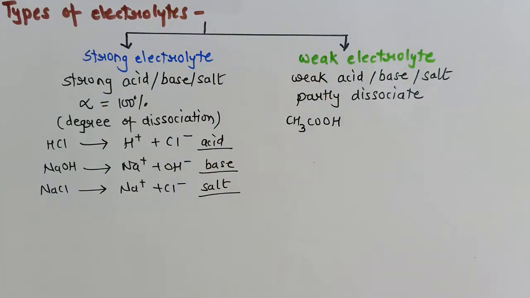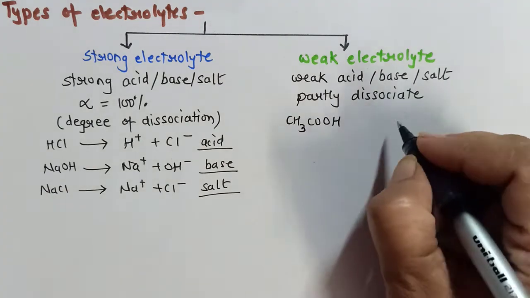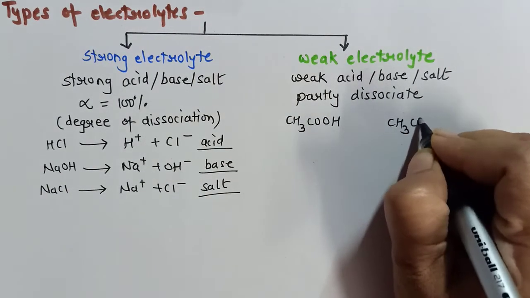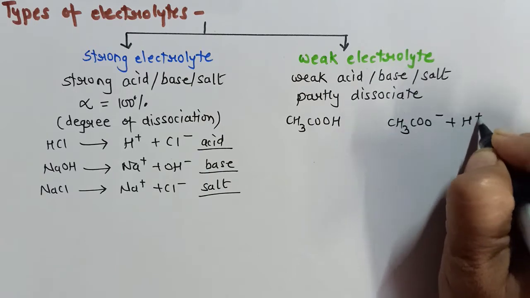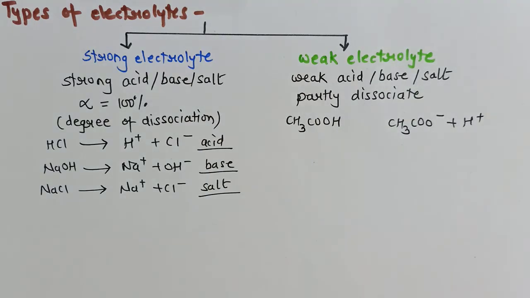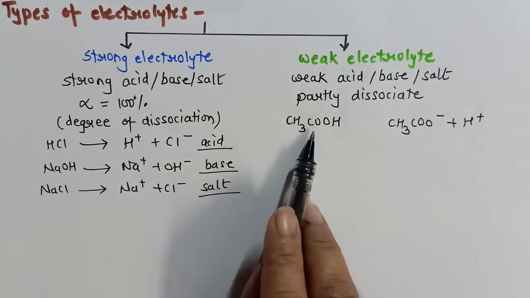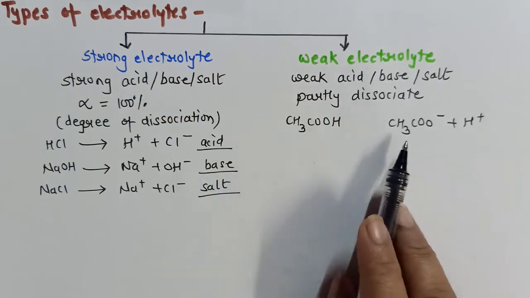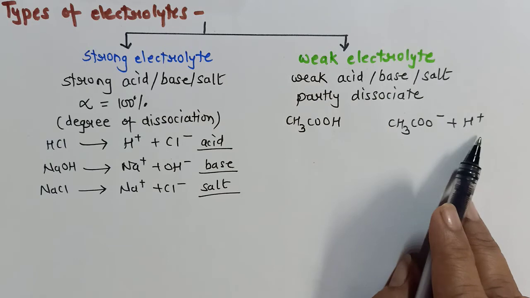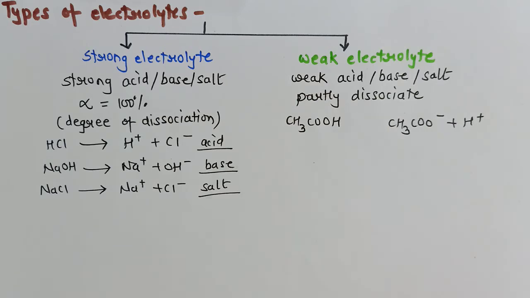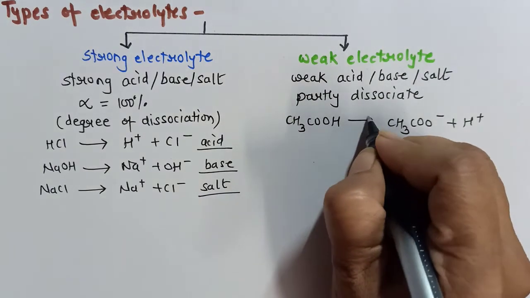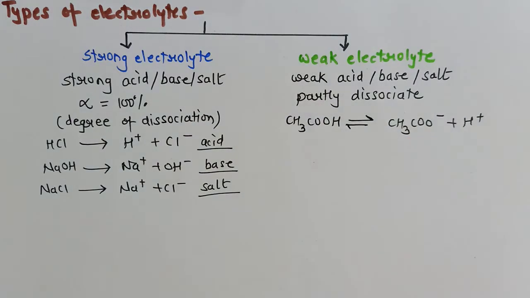Acetic acid is an example of weak acid that we know, and it dissociates into acetate anion and H+. Now when we are adding water to acetic acid in the container, we will have molecules of acetic acid, will have acetate ions, as well as H plus ions, and therefore we will show a double headed arrow over here indicating the dissociation is not complete in this case.